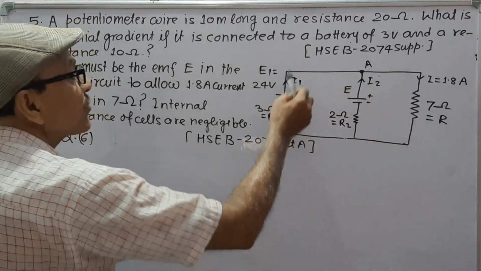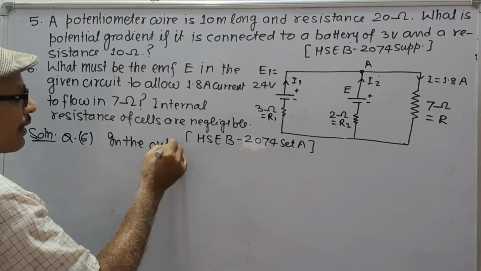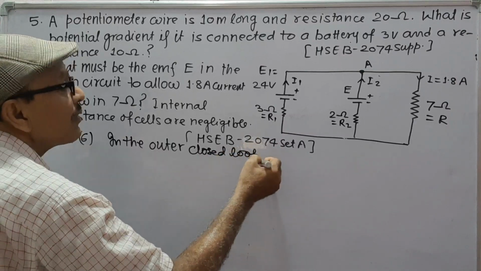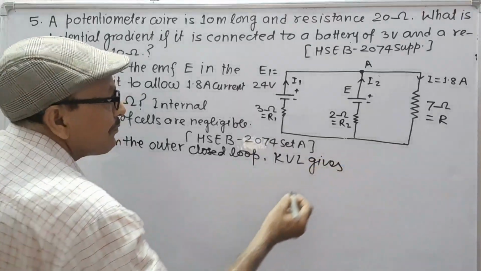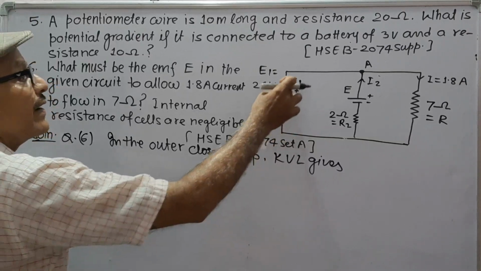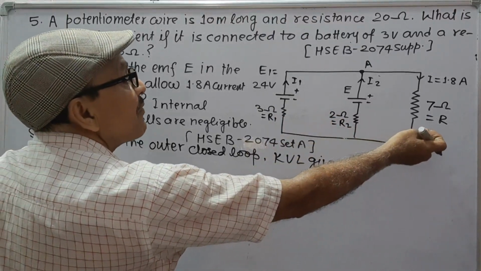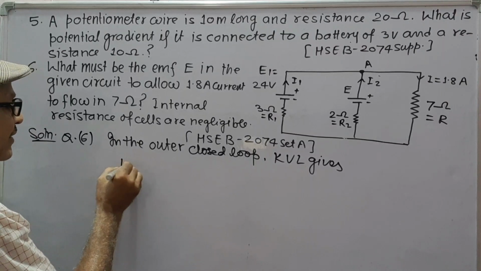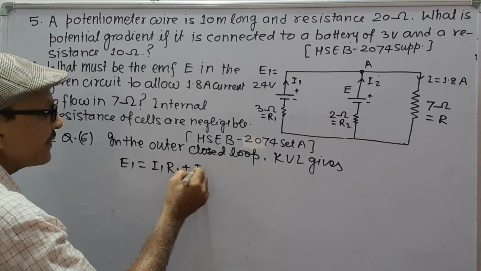In this outer closed loop, KVL gives sigma EMF is equal to sigma IR. E1 is equal to I1 R1 plus IR.